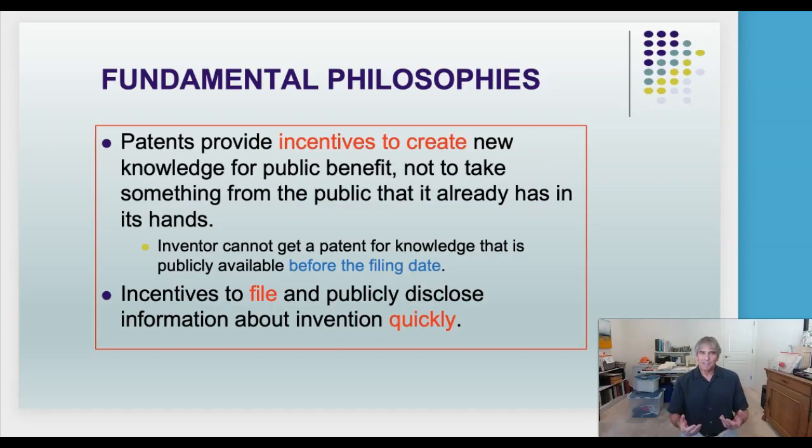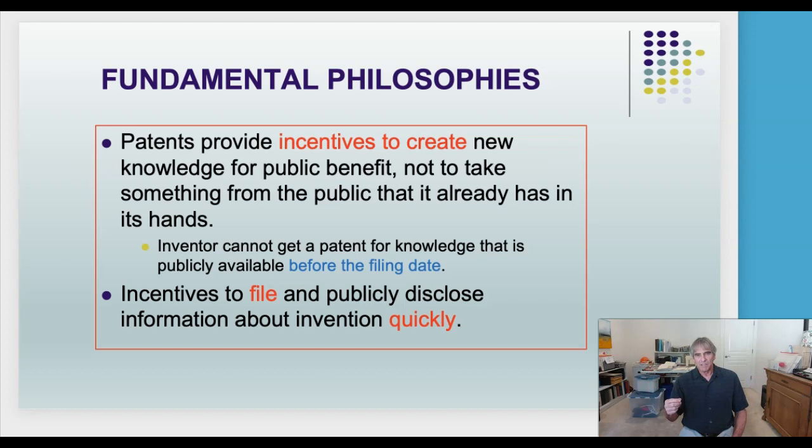Before we even get to the basic elements of patent protection, I want to step back for a moment and remember why we even have a patent system, which is to provide inventors the incentives to move forward with their creative ideas and to disclose their innovations to the public. Given this, patents are only appropriate for inventions that someone creates, as opposed to those that are already in public hands.